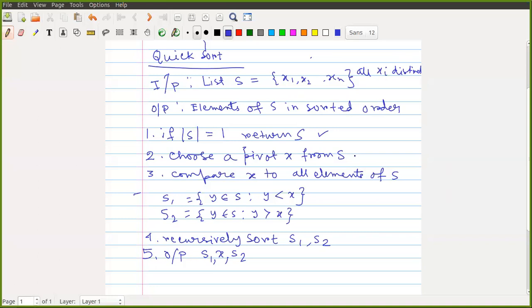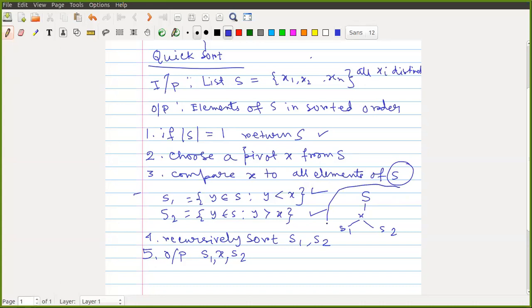Otherwise we choose a pivot x from S and divide S into two parts: the set of elements that are less than the pivot, and the set of elements that are greater than the pivot. So from S we choose a pivot x, and based on this pivot we break S into two parts, S1 and S2.